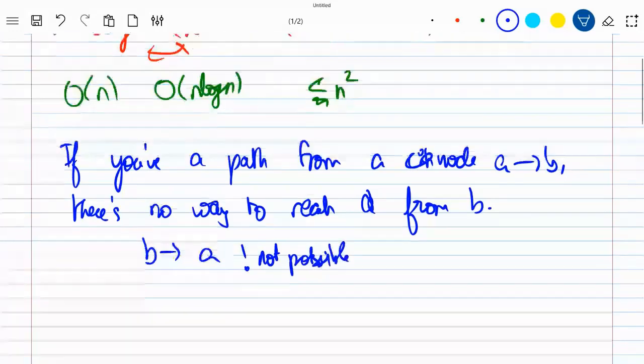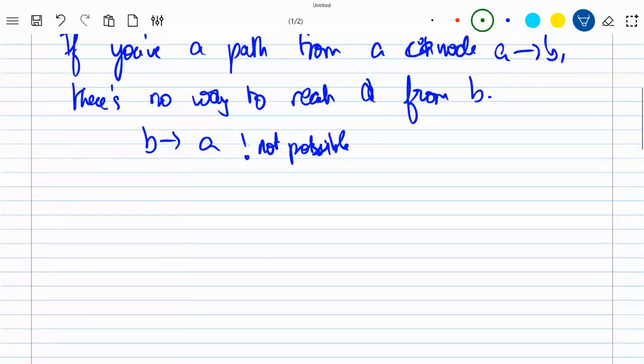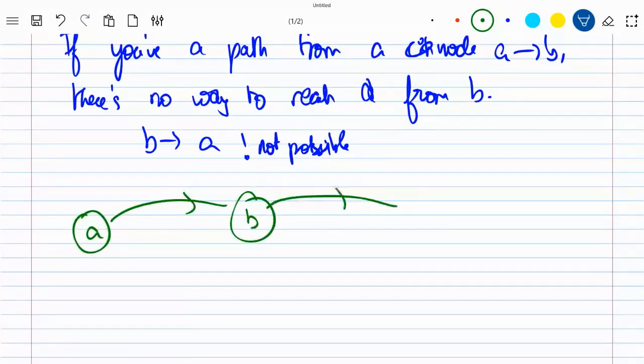Okay, so let's look at what this implies. If I have a graph like this, A, B, C, and I come back to A, that means if I want to reach C from A and come back to A, there's a cycle. So what they're trying to imply is that there is no cycle in this graph.